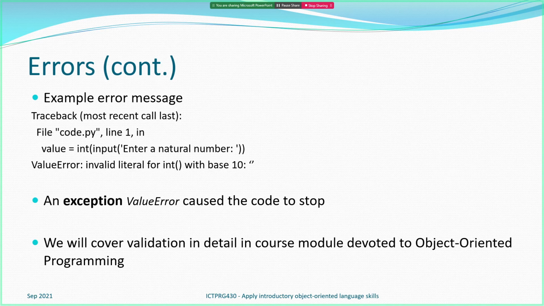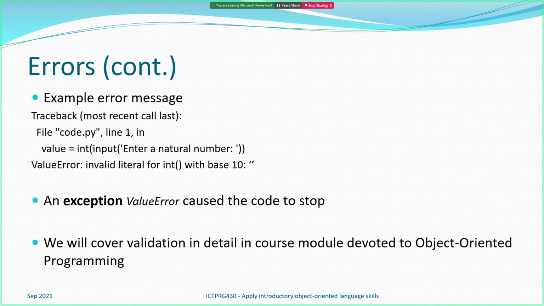So Python's going to spit us back a traceback message with the file, where the error is located, what's caused the error, and then give us an idea of why it was invalid. This is known as an exception, and it'll give us the value error.